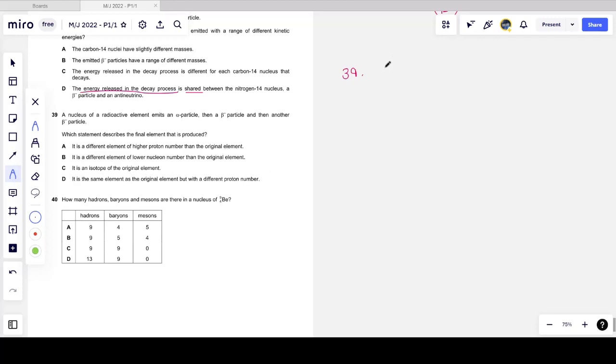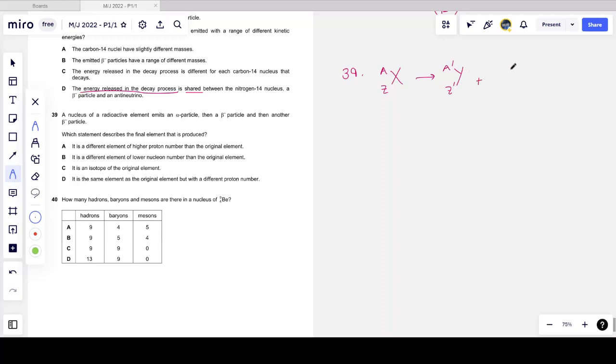Okay, let's assume that this nuclide was called X. It had a mass number A and an atomic number or proton number Z. Or let's call A the nucleon number. It then became a nucleus Y, and its new nucleon number is A prime, its new proton number is Z prime.